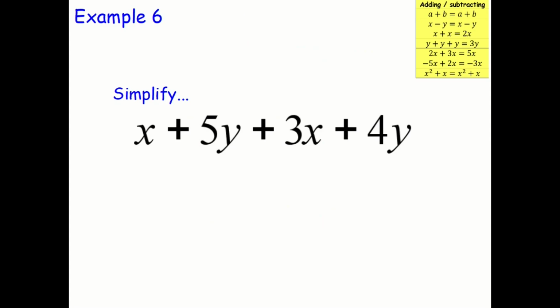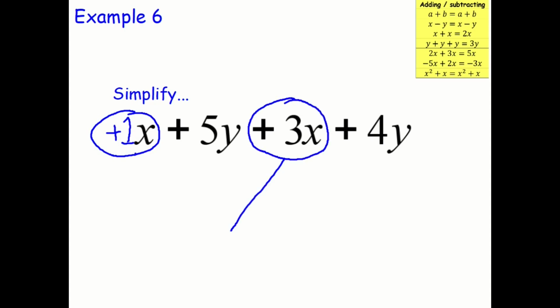Example 6, simplify x plus 5y plus 3x plus 4y. So my like terms here, I've got an x term here, which of course, if it hasn't got a sign in front of it, automatically means it's positive, and it's basically positive 1x. And I've got positive 3x here, so they're my like terms, they're both x terms, so I'm going to collect them together in a moment.